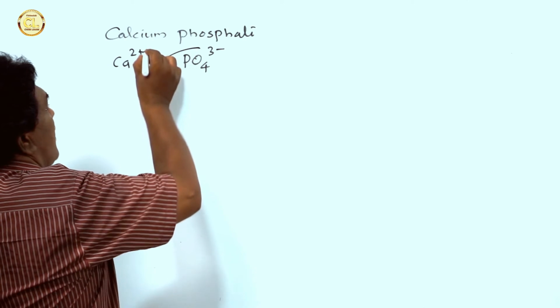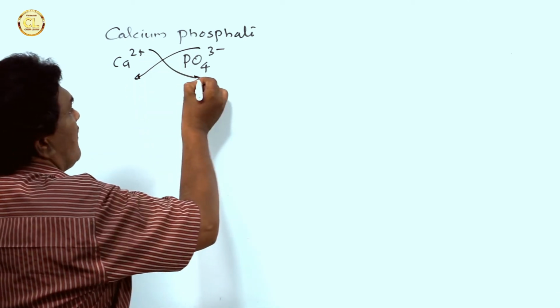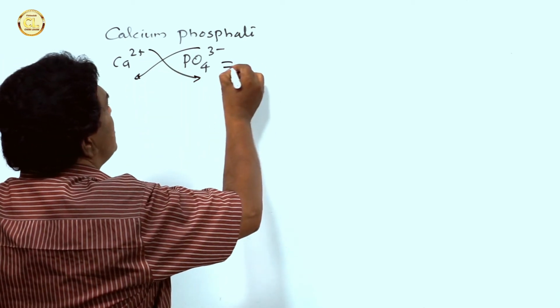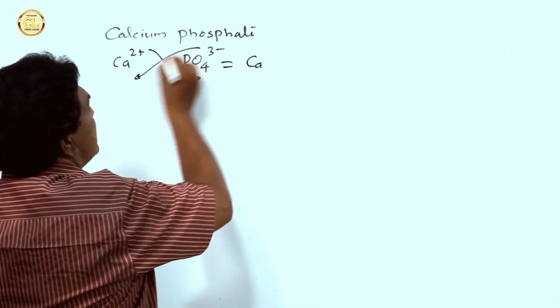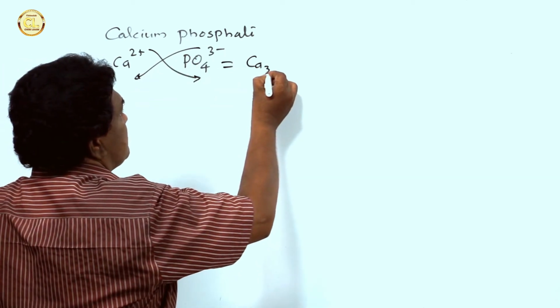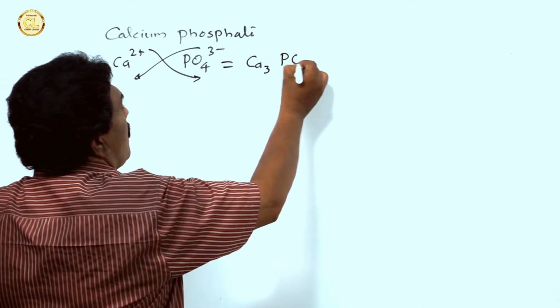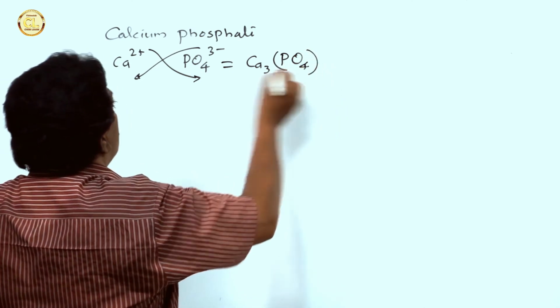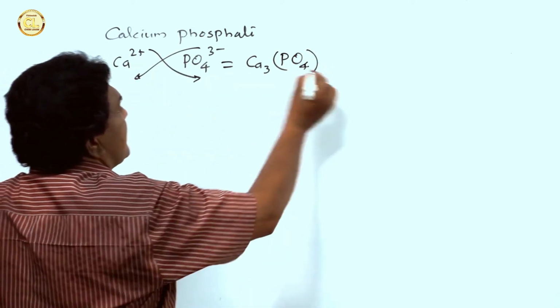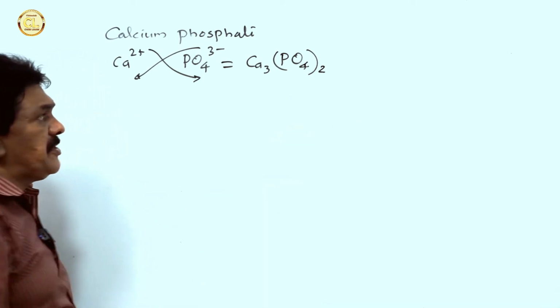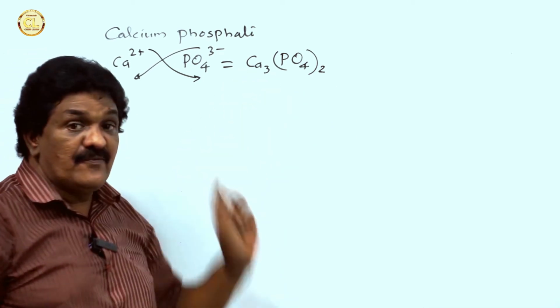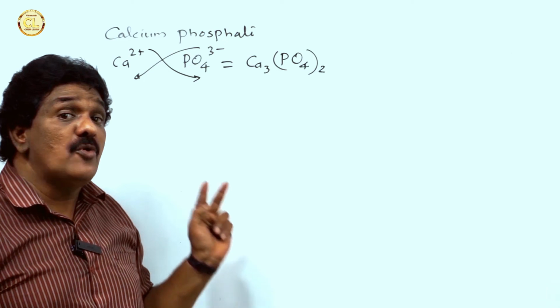See, crossing their valencies, we get Ca. See, 3 becomes the subscript of calcium, Ca3, PO4 the whole twice. So Ca3(PO4)2. This is calcium phosphate or calcium orthophosphate.